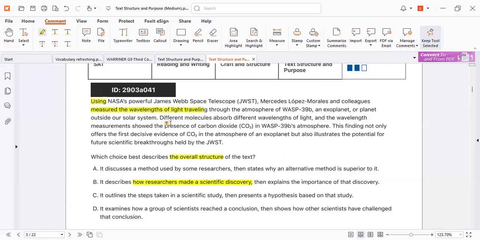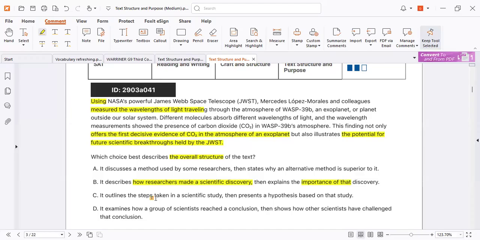So look for the beginning. Here, this finding not only offers look help, but also straight the potential. So at the beginning describe how they made discovery and then the importance. That's called order of information. For letter C, it's wrong.